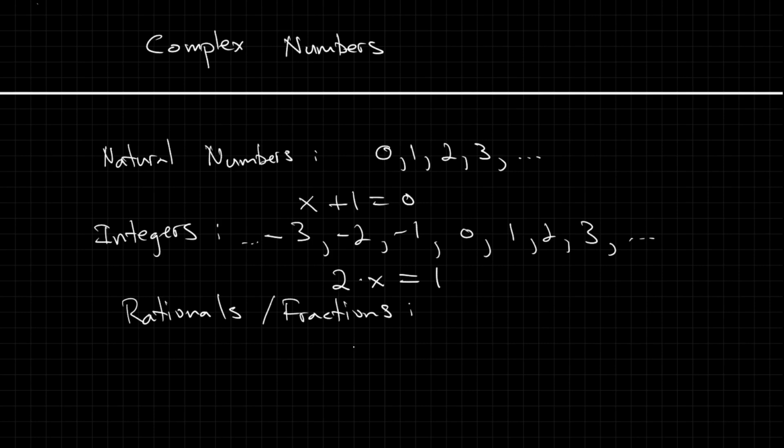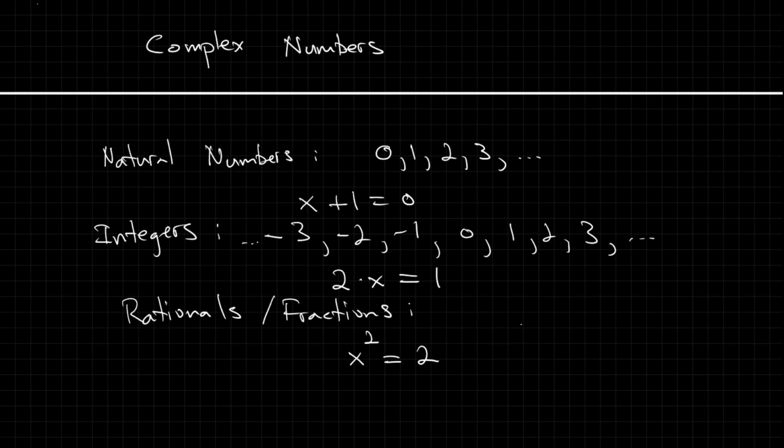Now what if I want to solve some equation like x squared equals 2? X squared equals 2 doesn't have a solution in the rationals. That is, the solution to x squared equals 2 is an irrational number. Or perhaps more accurately, there are multiple irrational numbers, but you can't find a solution in the rational numbers.